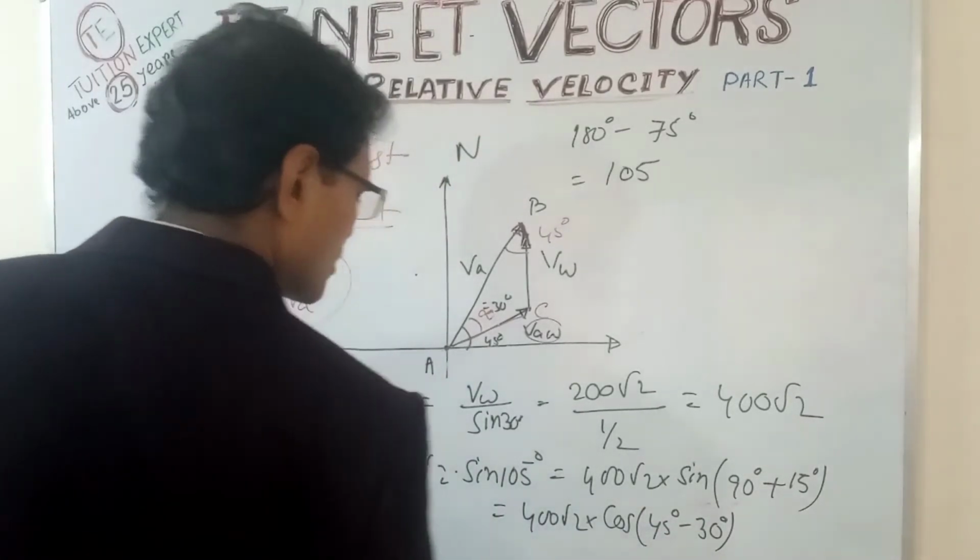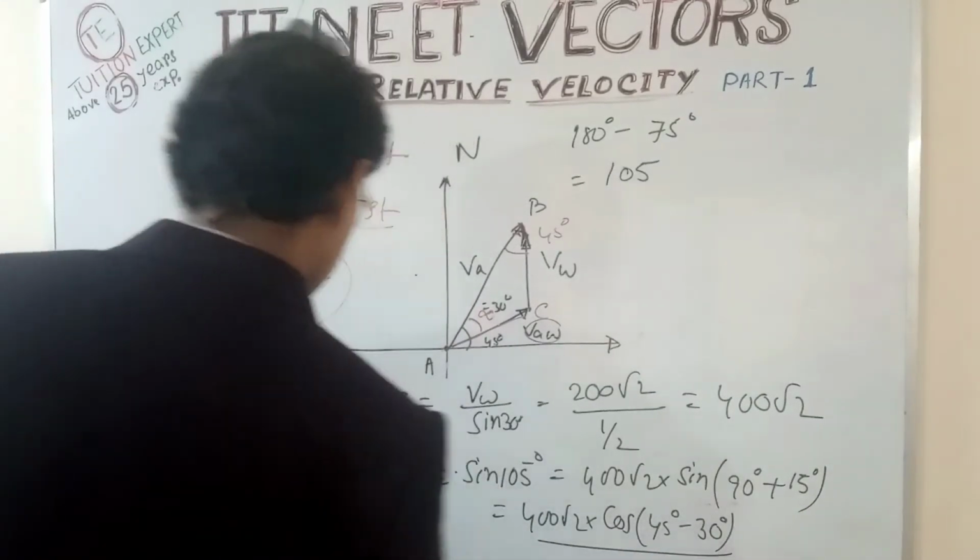We get a value of cos this. So we get the value of VA.